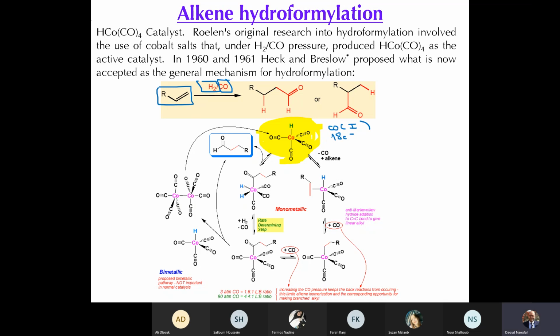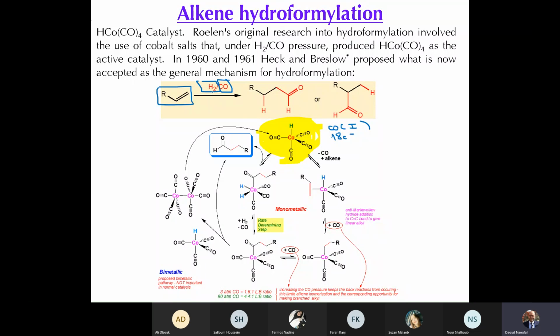We don't have a vacant site, and H2 is a non-electrophilic substrate. For a non-electrophilic substrate, we need a metal center d2 or greater, and we need a vacant site. The complex is saturated, so we don't have a vacant site. So hydrogen oxidative addition is not the first step.